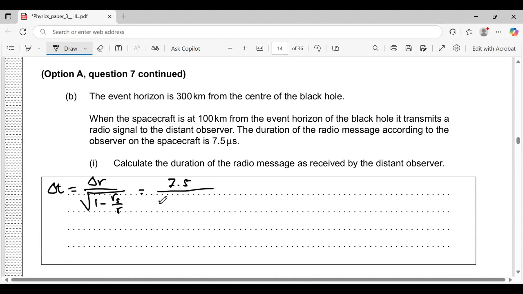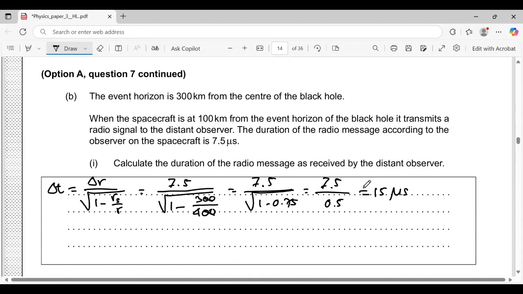Based on this information, 1 minus 300 over 400, because 300 plus 100. 7.5 over the square root of 1 minus 0.75, because this is actually 3/4. So 7.5 over 0.5, because this is the square root of 0.25. And the result is 15 microseconds.